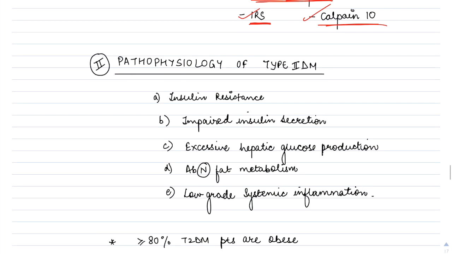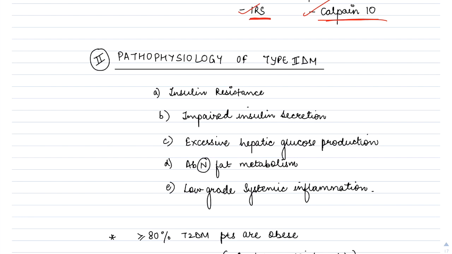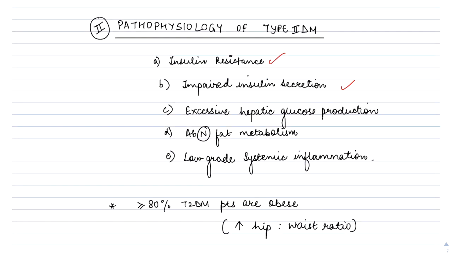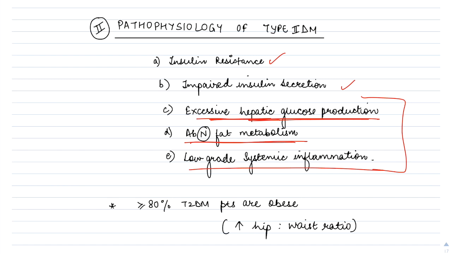Next, discussing the pathophysiology, that is, what changes we see pathologically in type 2 diabetes. There is insulin resistance and impaired insulin secretion. Also, there is excessive hepatic glucose production, abnormal fat metabolism and low-grade systemic inflammation accompanying type 2 diabetes.